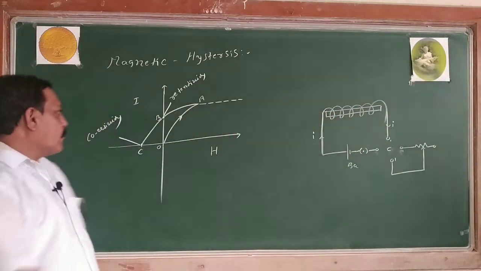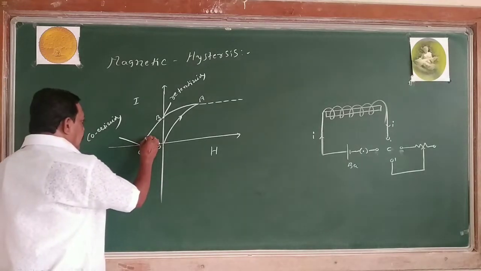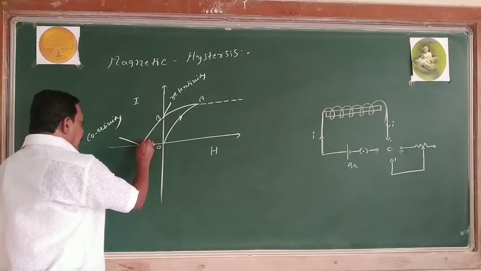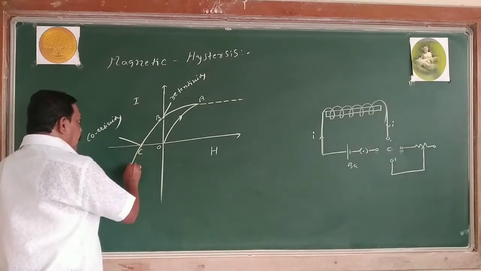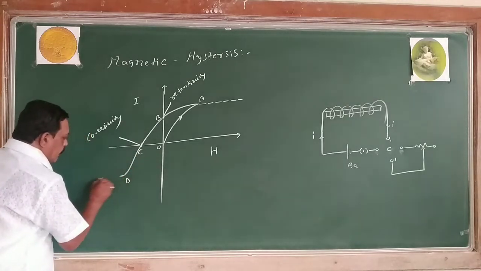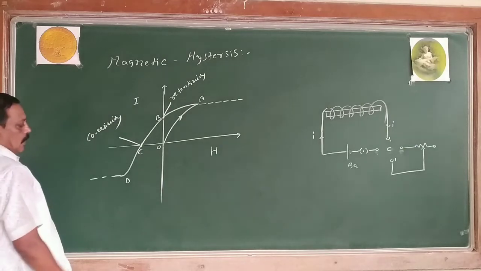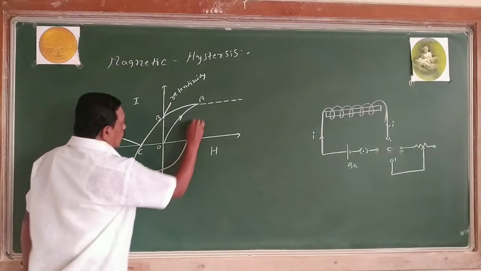If I increase the value of H in the opposite direction, I also increases and reaches the maximum in the opposite direction, saturation, and the phenomenon is repeated again and again. This is called a complete cycle.